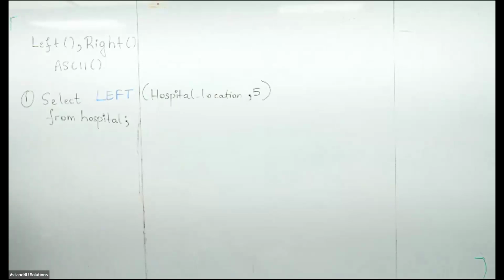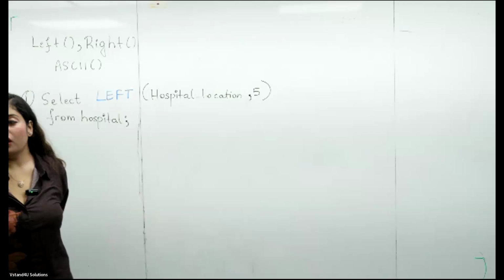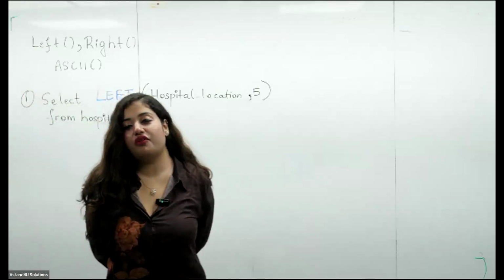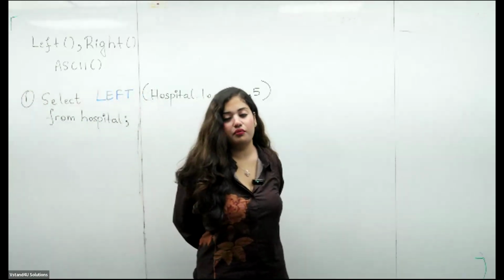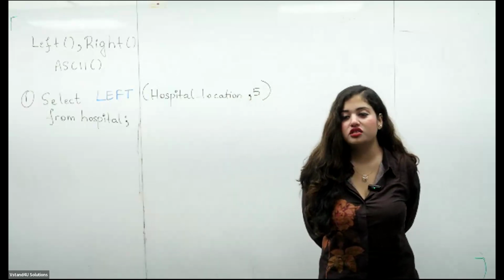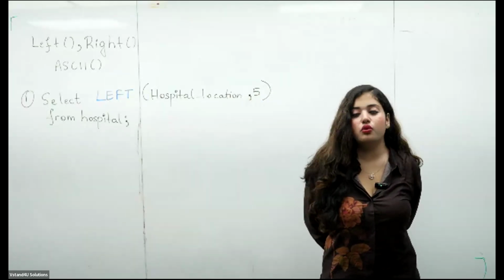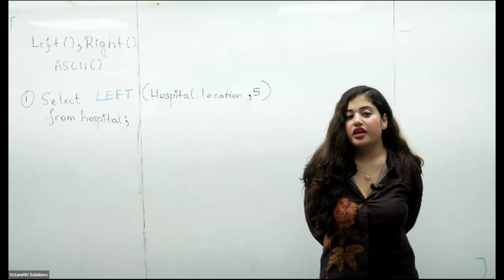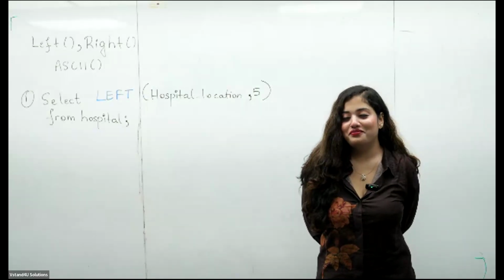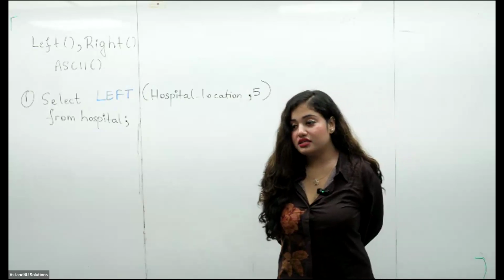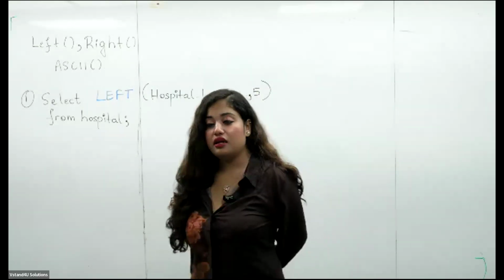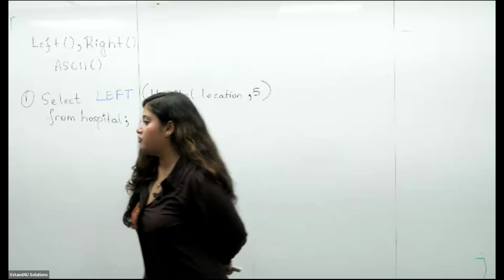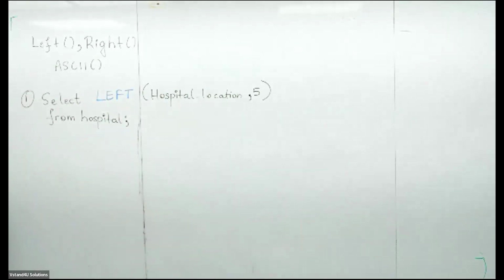Okay. Now, previously when they gave the question, they said whether you have to extract from the left side or the right side. According to the previous question, it was from the left side, and you were supposed to extract 5 characters. Now in this second question, they are not telling whether to take it from the left side or right side.